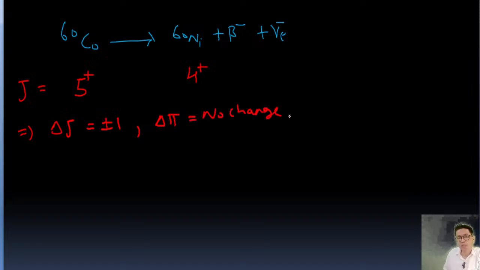With delta J equal to plus or minus 1 and no change in parity, that is the condition for a Gamow-Teller transition.